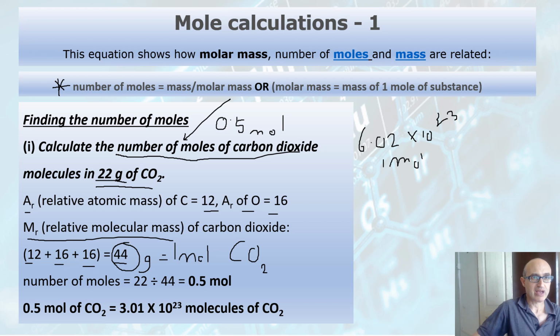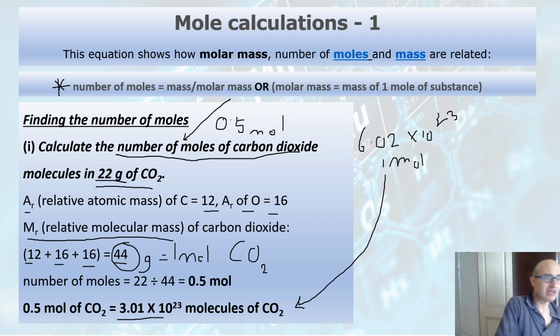If I have half a mole of CO2, as I have in this case, because I have 22 grams, not 44, therefore, half a mole is 6.02 times 10 to the 23 molecules of CO2 divided by 2, which works out to be exactly 3.01 times 10 to the 23 molecules of carbon dioxide.